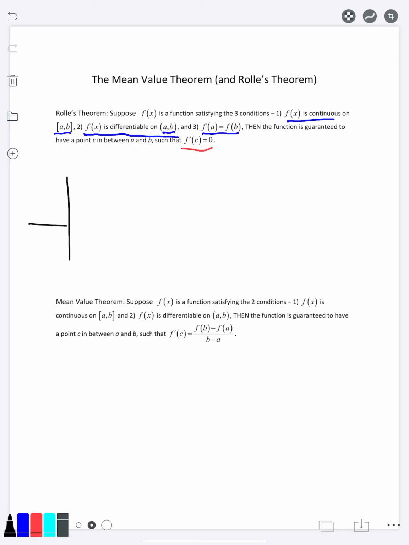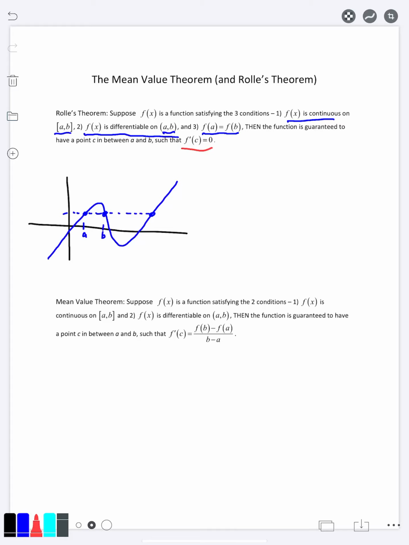So let me just give you a quick idea of this. If I, for example, look at this y value here, I see that it happens 3 times. So what I could do is say this first one is my a, my second one is my b. The function is definitely continuous and differentiable in between there.